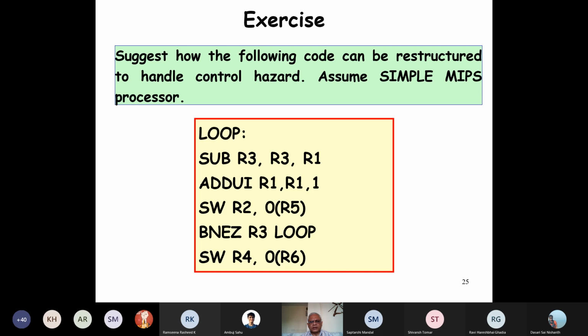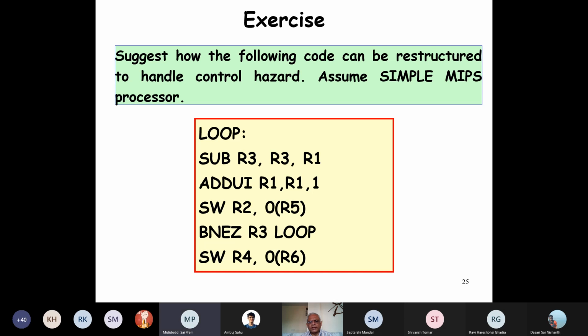So here we can bring that branch instruction after the sub instruction. Okay, so we can bring the sub instruction, right? No, BNZ uses it, so we have to bring the BNZ instruction after the sub instruction.